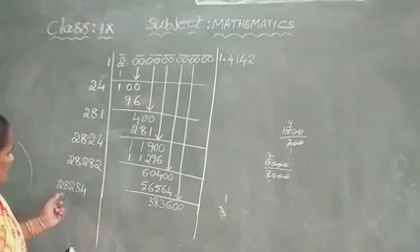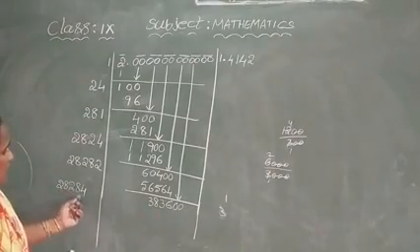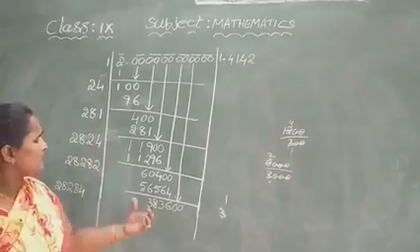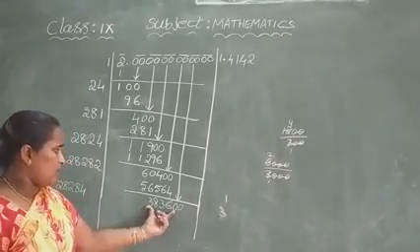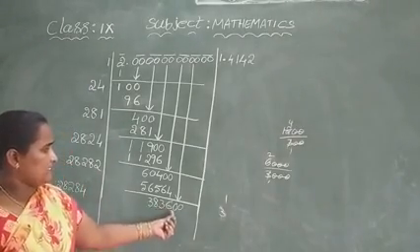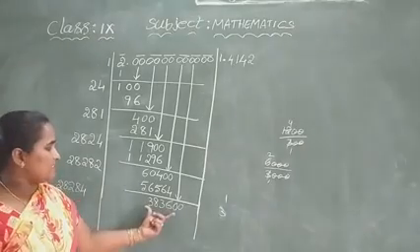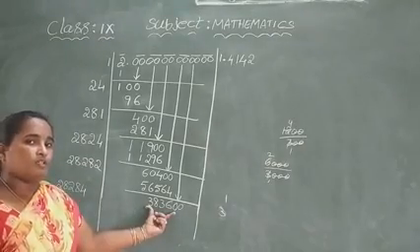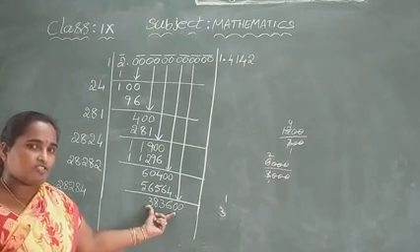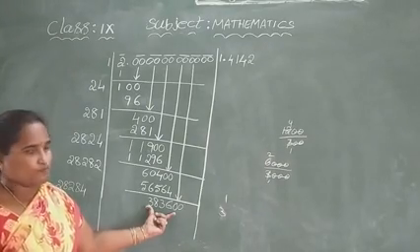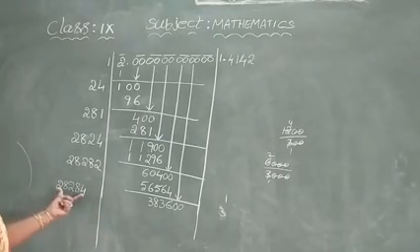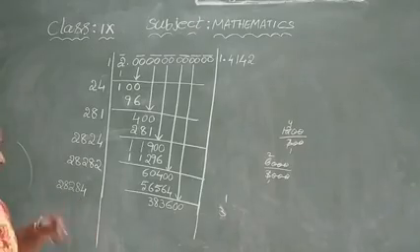A 5 digit number, that means 28,284. You take here also 5 digits, 38,360. It is nearest. 38,360's nearest number is 40,000, and 28,284's nearest number is 30,000.